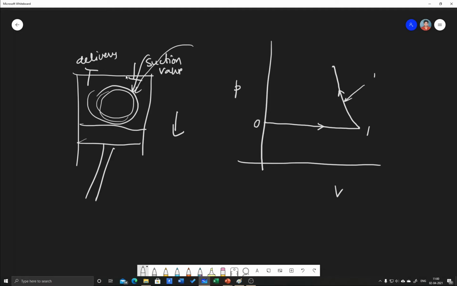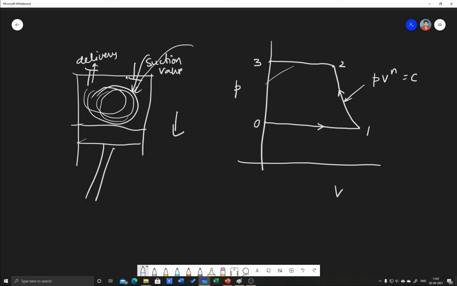Suppose this compression is done using a polytropic process, PV power n equal to constant. After reaching a certain pressure, it moves from bottom dead center to some point, and then due to the increase in pressure, the delivery valve will open and the compressed air will get out of the cylinder. So this is how the PV diagram will be for a compressor.